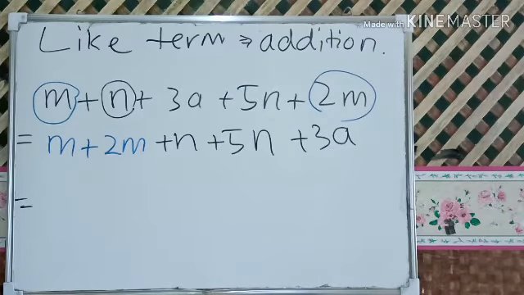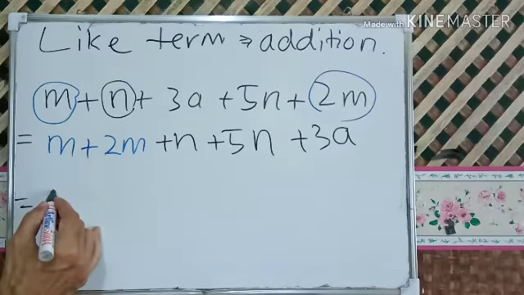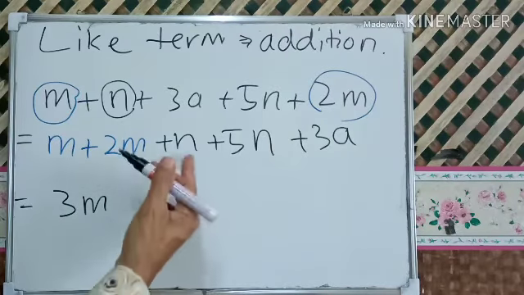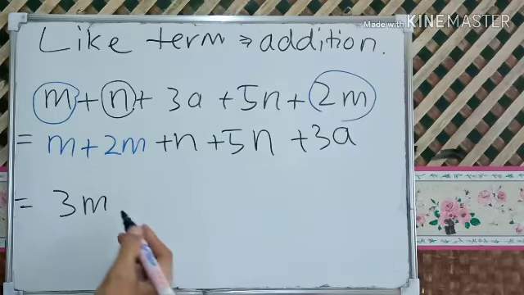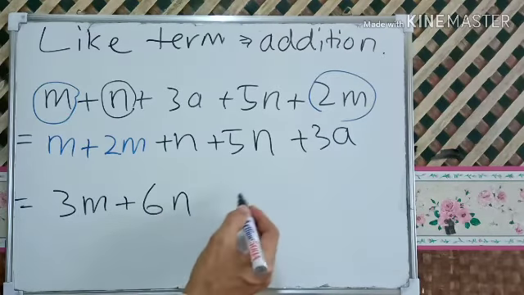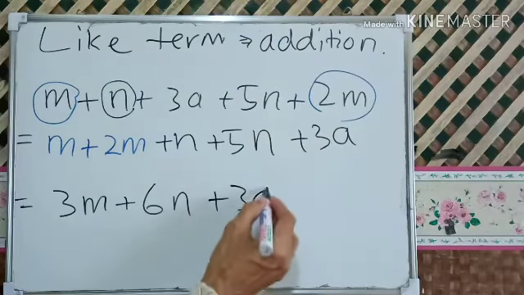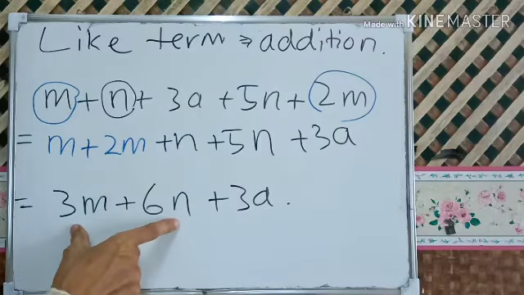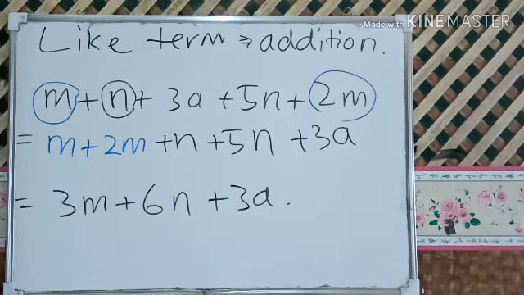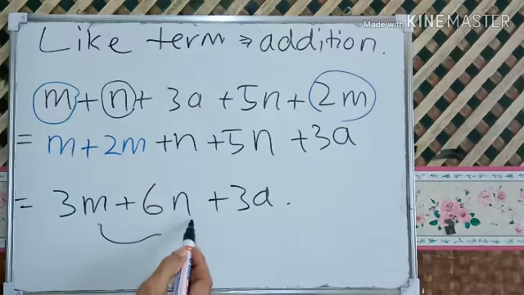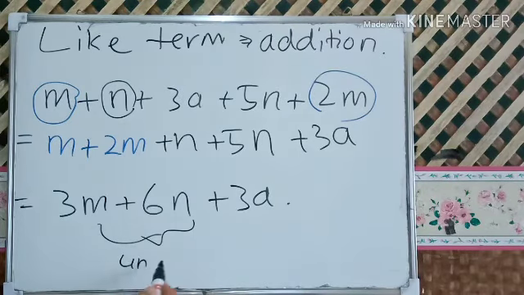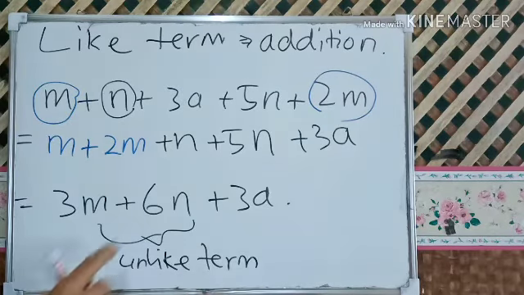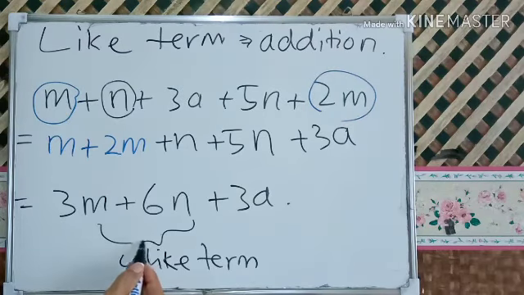What happened? m plus 2m is 3m, n plus 5n becomes 6n, and so write again 3a. We cannot add n with m because they are unlike terms.